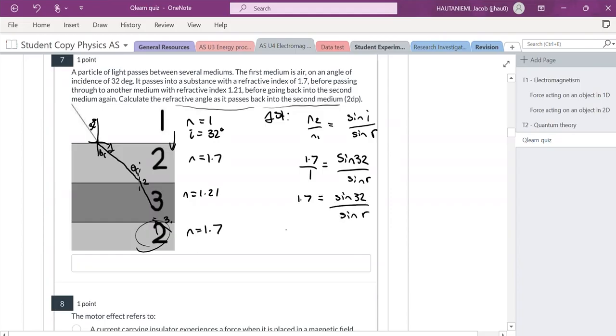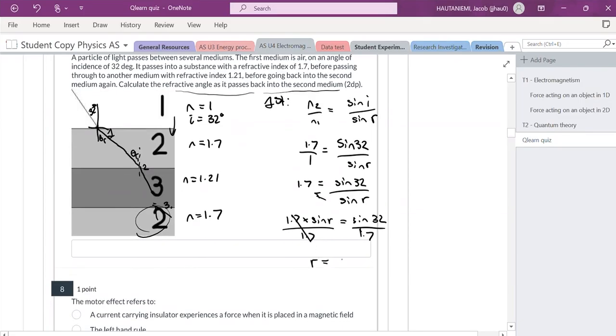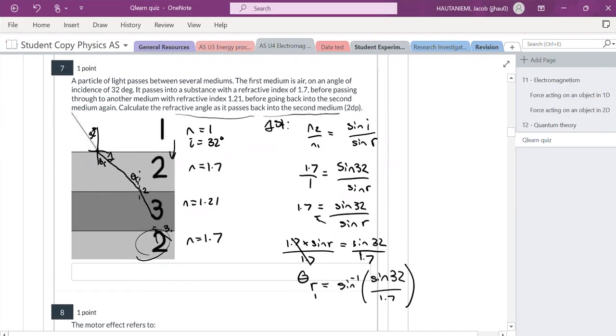Sine of r goes over there, times it over there. 1.7 times sine of r is equal to sine of 32, divided by 1.7 on both sides. Then to get rid of sine, we take the inverse sine of 32 over 1.7. That's going to give you the refracted angle 1.